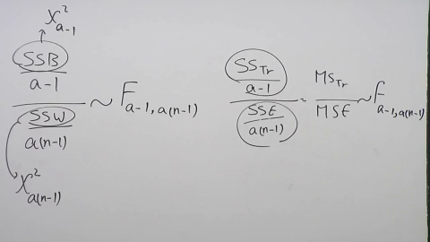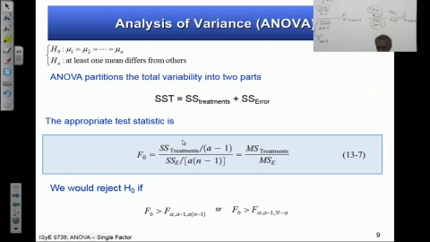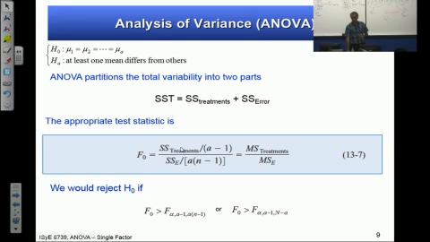So what should we do? Based on data, we can easily find SS of treatment and SS of error. We know what A and n are. Then we can find F naught and compare it with this threshold. If it is greater than this, we reject H null. Otherwise, we do not. You can see there are basically two forms of degrees of freedom. One is A times n minus 1.